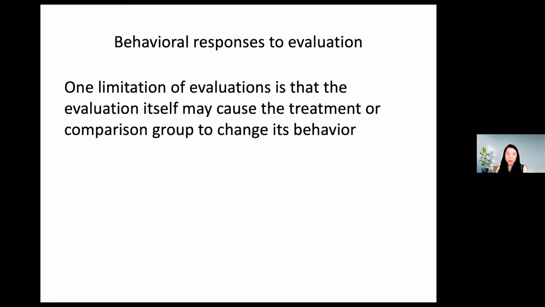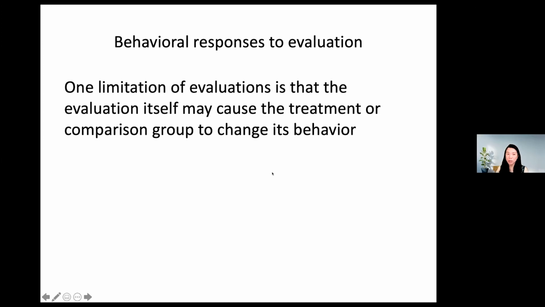Even when we design the evaluation, the experiment, in a perfect way, say everything from the design phase is perfect, you cannot really prevent your sample from changing their behavior.